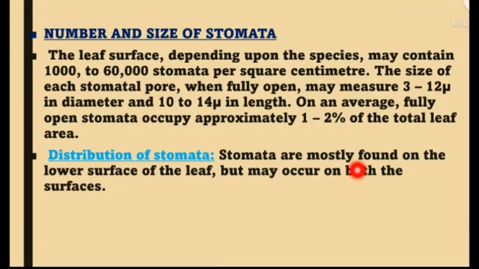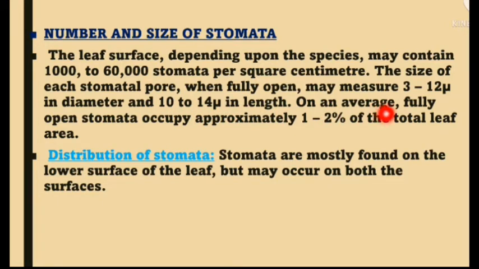Next, we are discussing the number and size of stomata. The leaf surface, depending upon the species, may contain 1000 to 60,000 stomata per square centimeter. The size of each stomatal pore when fully open may measure 3 to 12 micro in diameter and 10 to 14 micro in length.